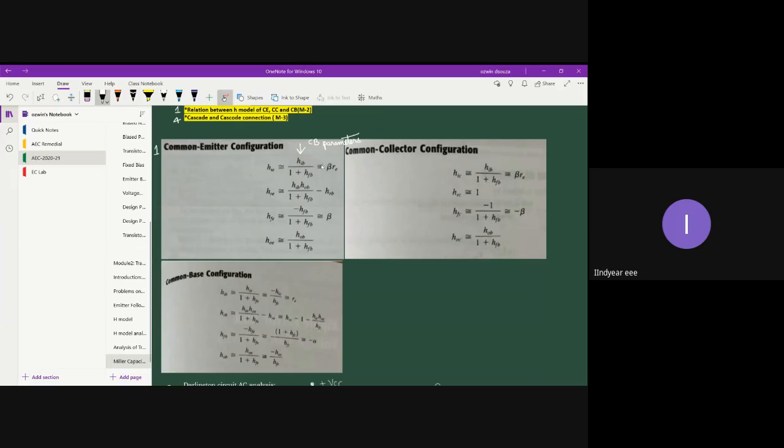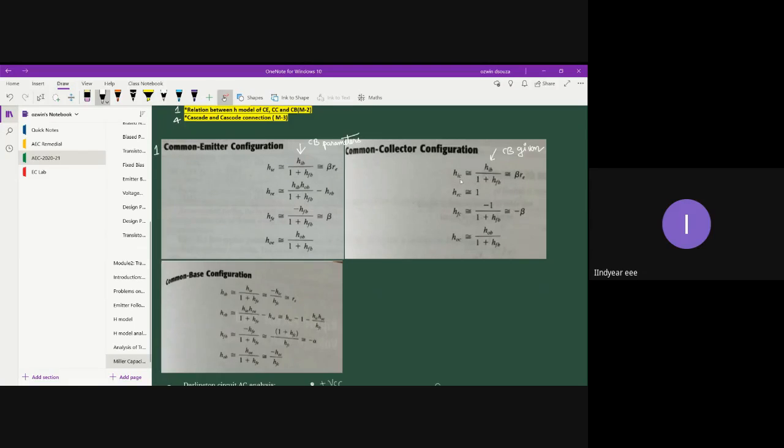Similarly, you also have conversion equations for common collector configuration. Let's say, for example, you have the parameters of CB given. With the CB parameters, you can find the common collector parameters.